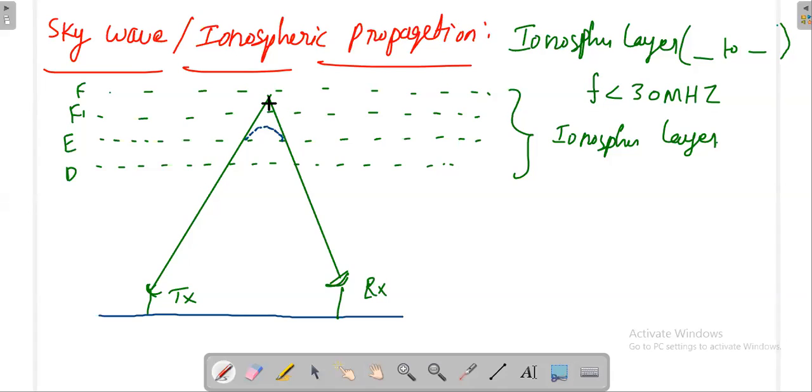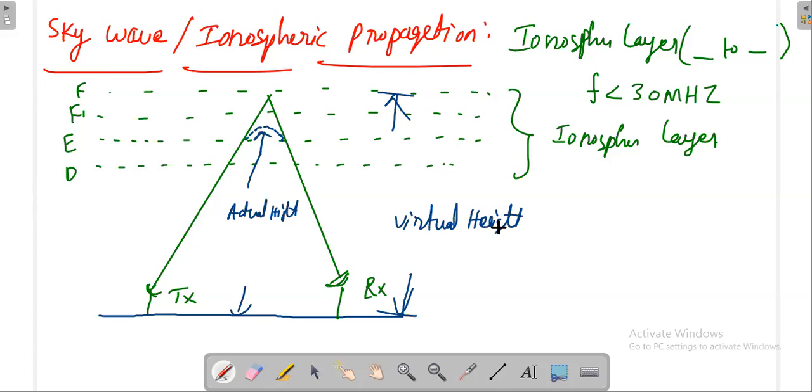So this height is called the actual height, and this height is called the virtual height. In general the virtual height is greater than the actual height, just for mathematics purposes.